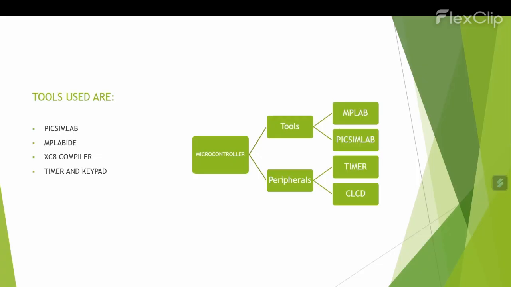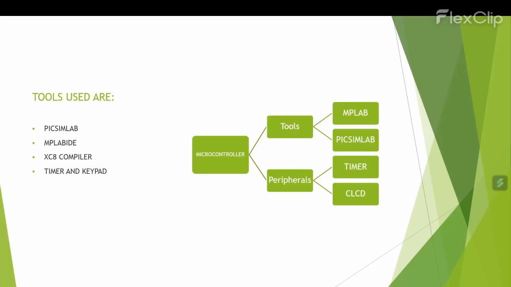The tools we used are MPLab and PiximLab, and also the XC8 compiler, which we link with this MPLab IDE to compile the embedded C program code which we write, and the PiximLab tool which we use to simulate the washing machine.